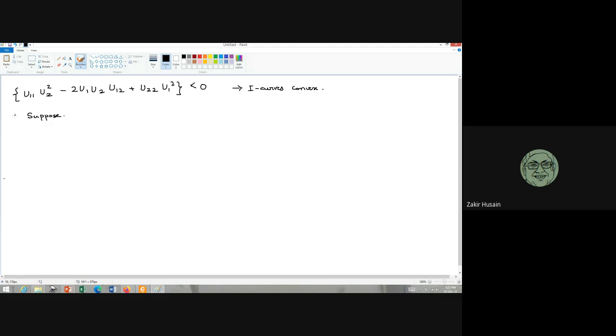Okay. Now let us consider two cases. Suppose the law of diminishing marginal utility holds. So this means U11 and U22 are both negative. Okay. Let us look into this term. So this is negative and this is positive.